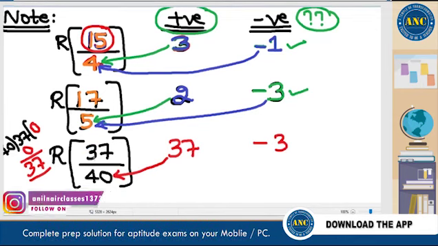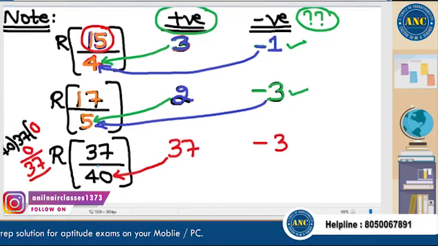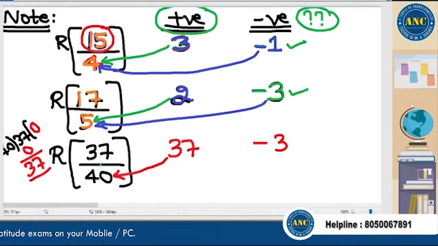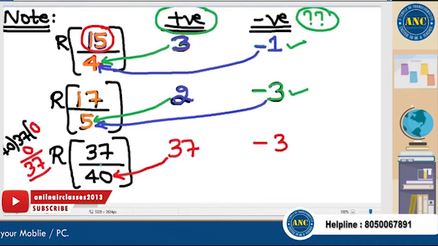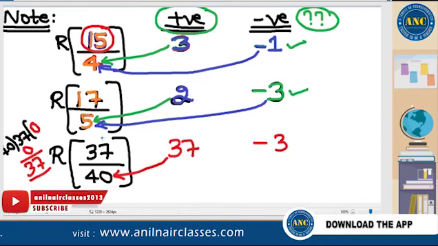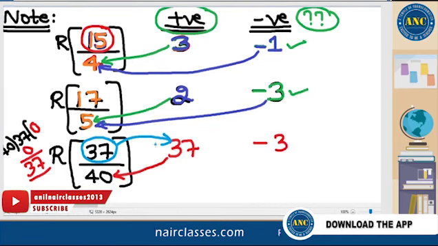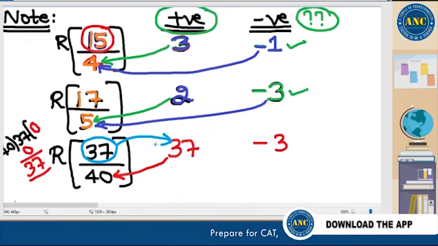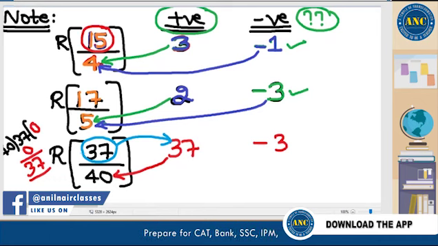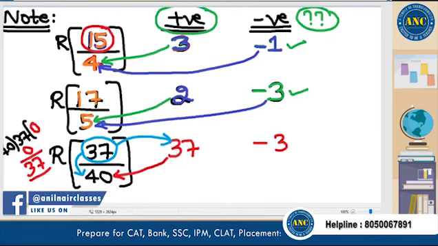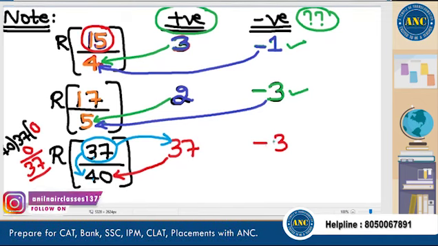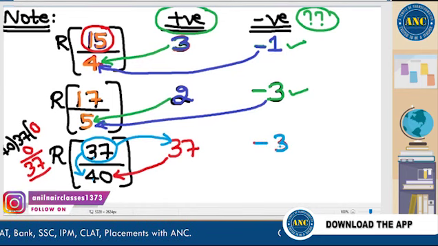Whenever the numerator is smaller than the denominator, numerator is 37, denominator is 40 in this example, the numerator itself is my positive remainder. My negative remainder is nothing but numerator minus denominator. What is 37 minus 40? It is minus 3. I hope it is clear.